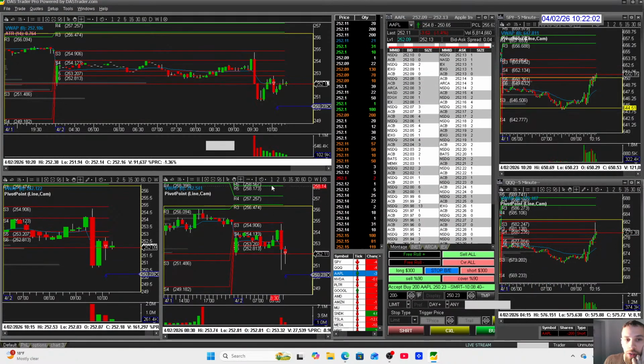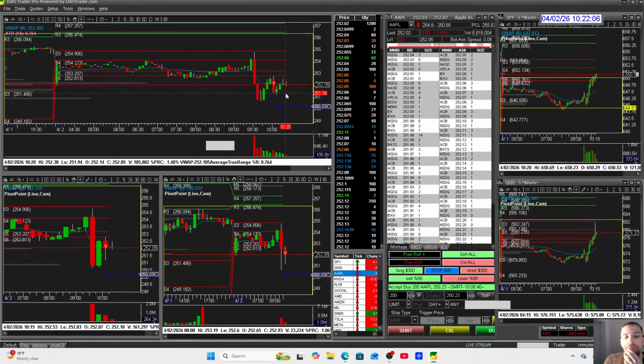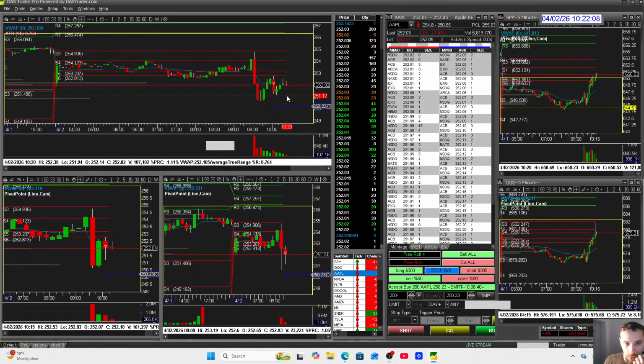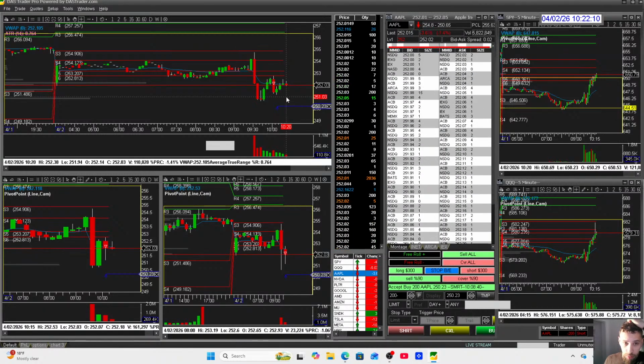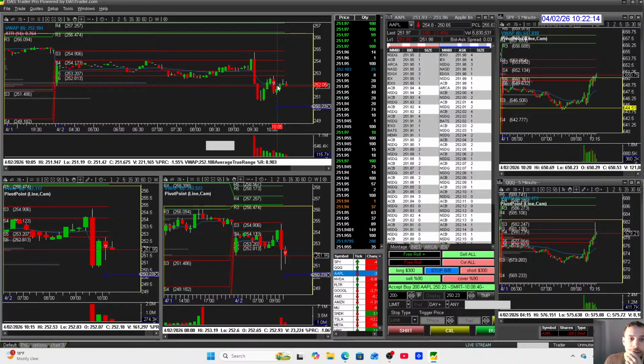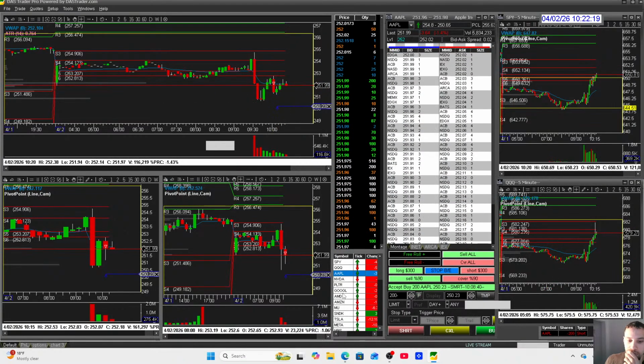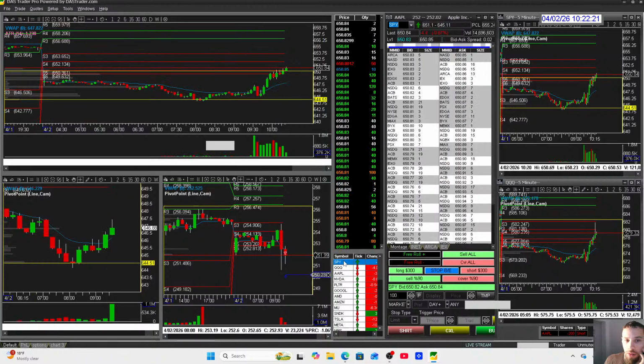Market's just grinding higher. I don't see why it doesn't just push up Apple as well with it, you know? Everything's still red on the day.